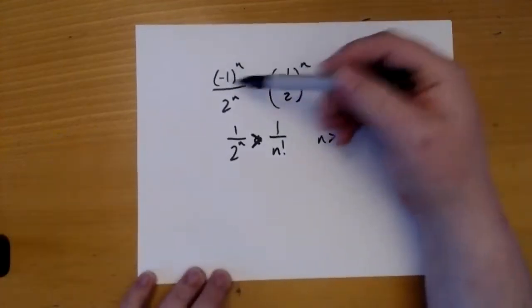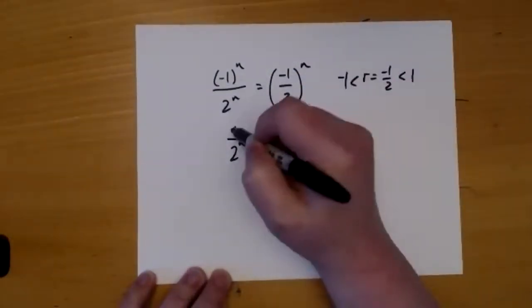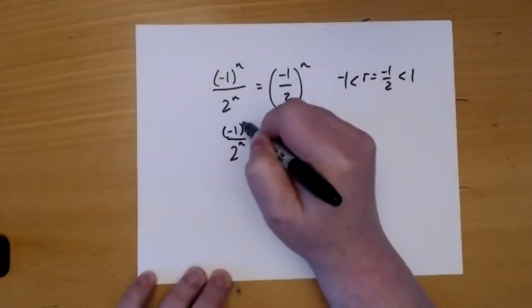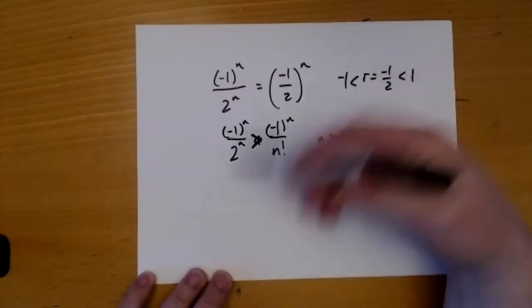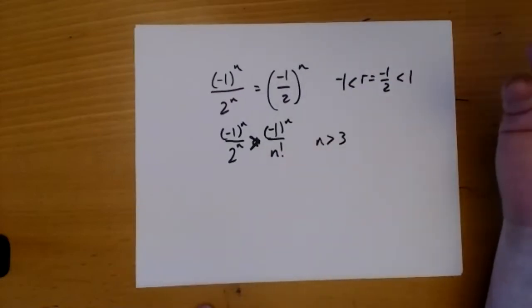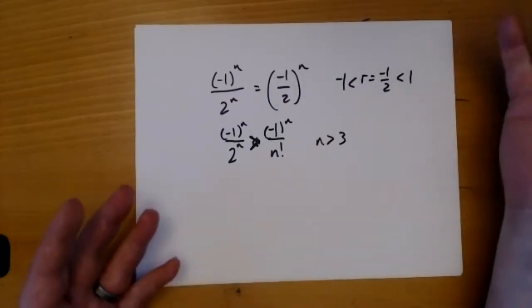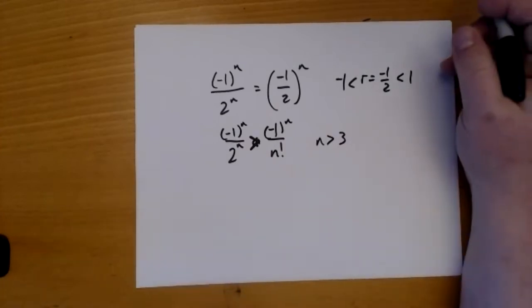So you could leave it as an alternating series if you wanted to, or you could just use the alternating series test. There's usually more than one way to skin a cat for some of these problems.